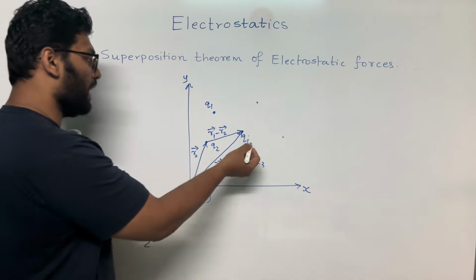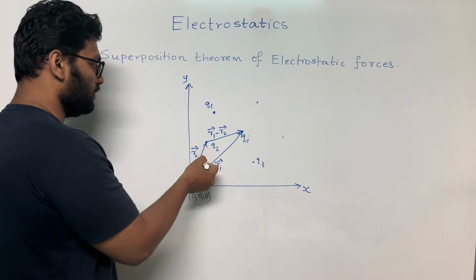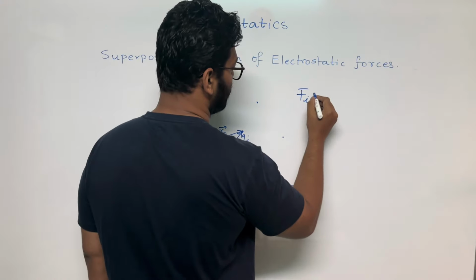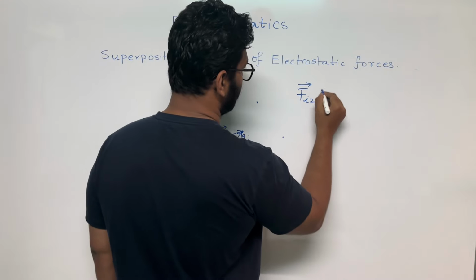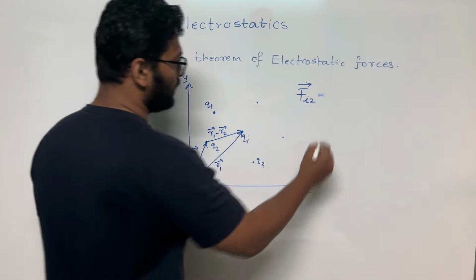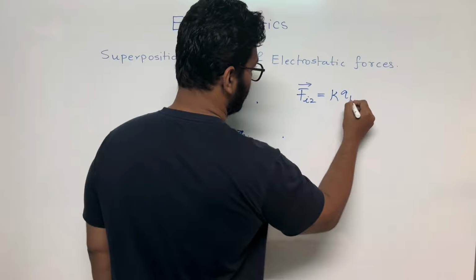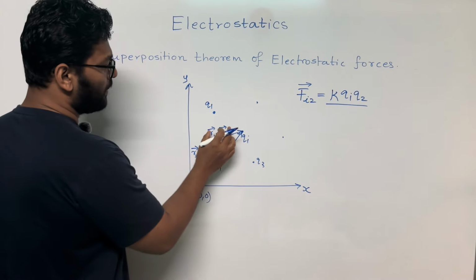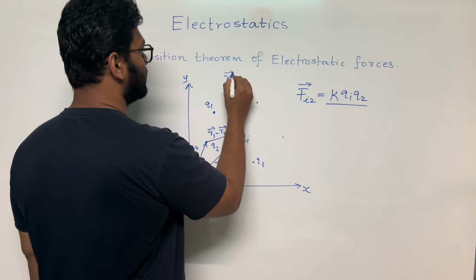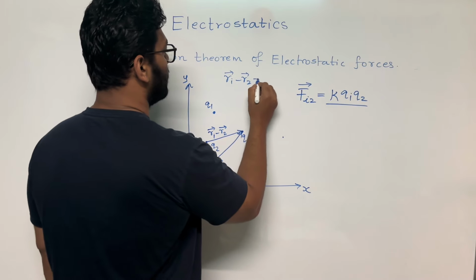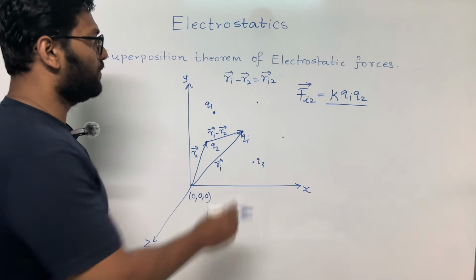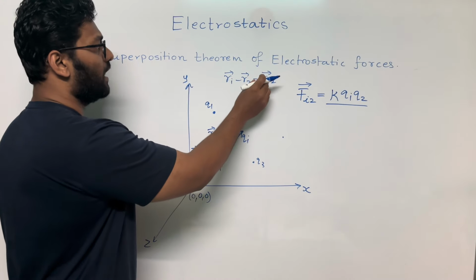The force on the ith charge due to the second charge is given as k qi q2, you know this, divided by distance square. Now ri bar minus r2 bar can be written as this. I have told you this notation previously. If it is r1 bar minus r2 bar, it is r12 bar.